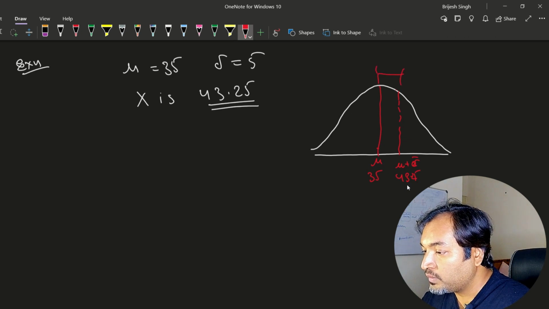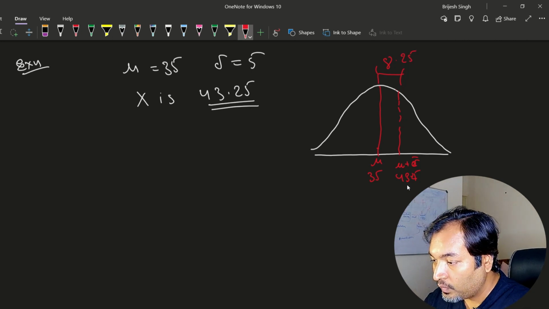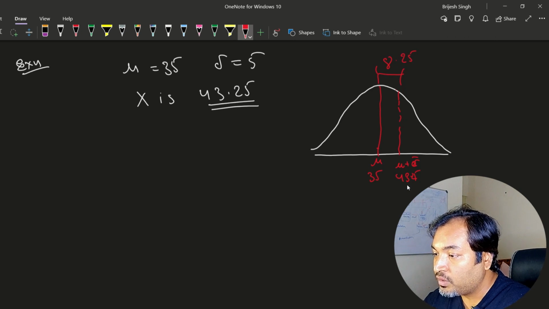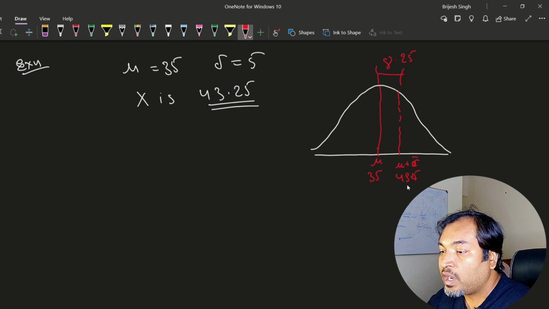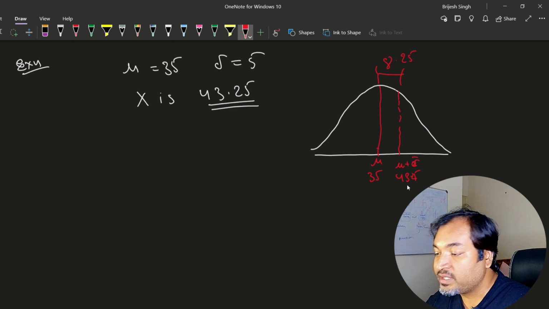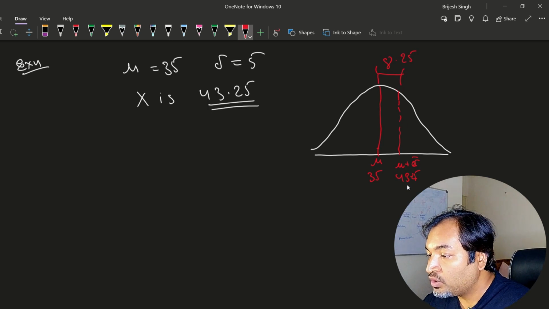You will get 8.25. Now if you divide this 8.25 by the standard deviation, which says how far you are from the mean, we can refer to this as this much standard deviation we are away from the mean.